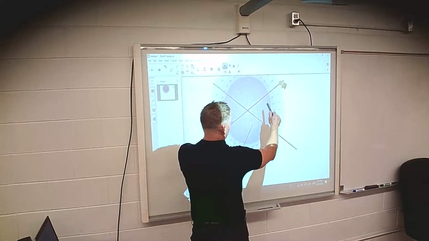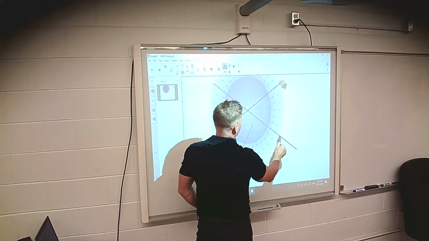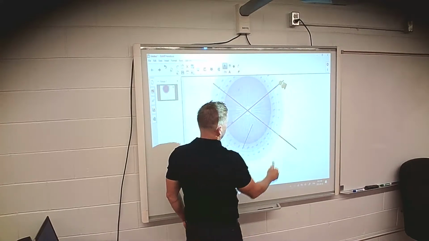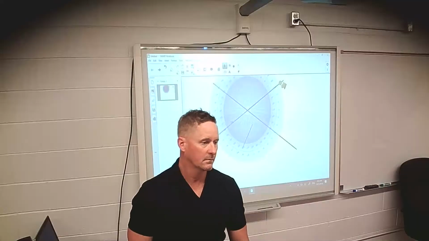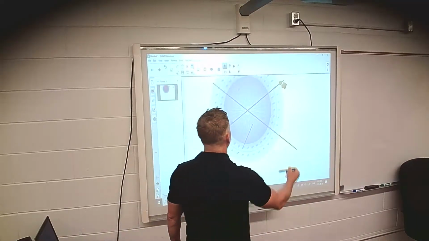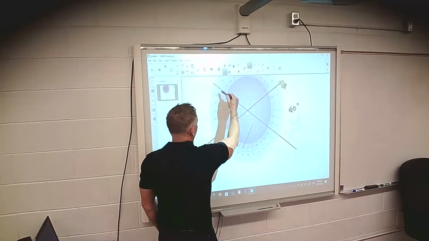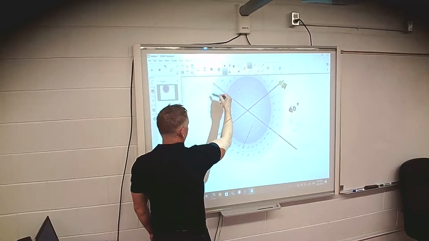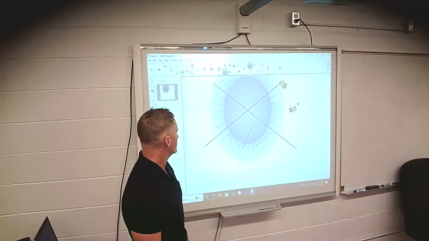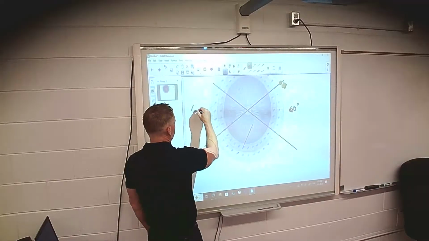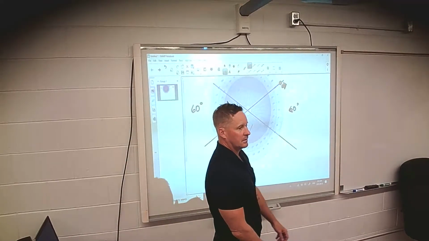Okay, so if I measure, all right, this is going to be a mess, but whatever. Looking at this angle right here, how many degrees is that angle? 60 degrees. Okay, so I write 60 degrees. What is the measure of this angle right here? 60 degrees. All right.